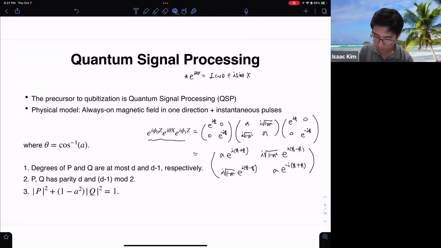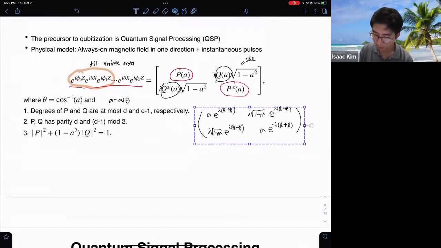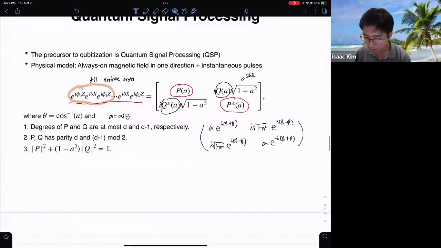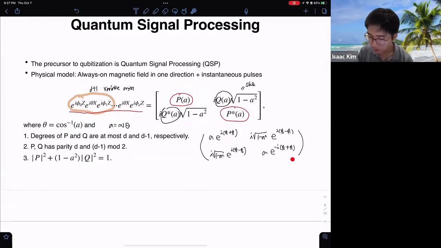Okay, so let's copy that, and first, just to make sure that we're on the same page, compare this side by side. Indeed, we have a polynomial P of A here, and we have its complex conjugate. And we have i Q of A, which is just a constant here, times square root of 1 minus A squared. And here we have i times the complex conjugate of Q. So the form checks out, and the degrees of P and Q are at most d and d minus 1.